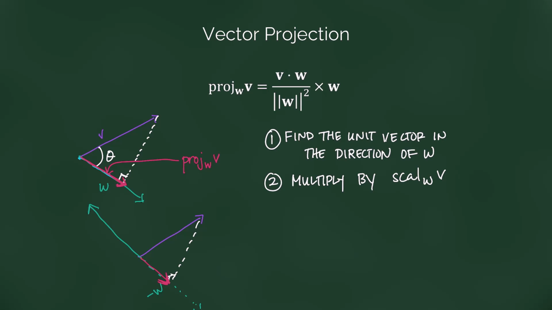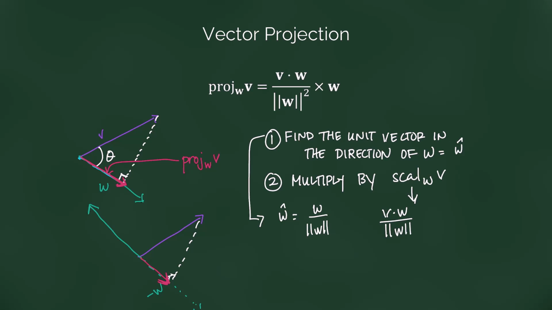So using these two steps, first of all, from step 1, we know that we're going to call this w hat. We know that w hat is equal to w divided by the magnitude of w. We also know that the scalar, this quantity here, is equal to v dot w divided by the magnitude of w.